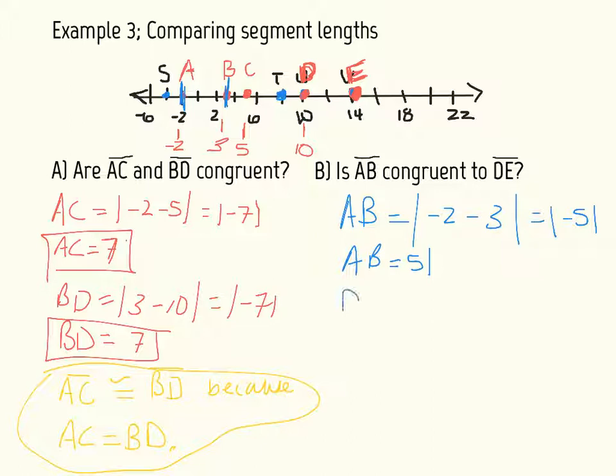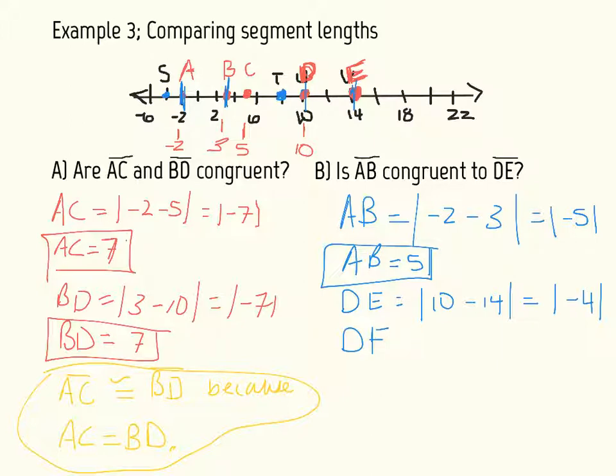And DE is equal to the absolute value of 10 minus 14, which is equal to the absolute value of negative 4. So DE equals 4.